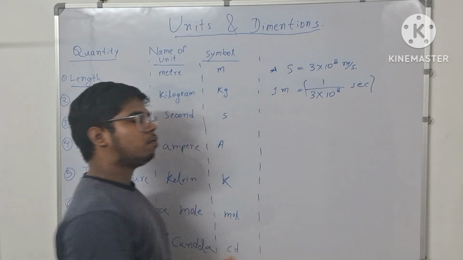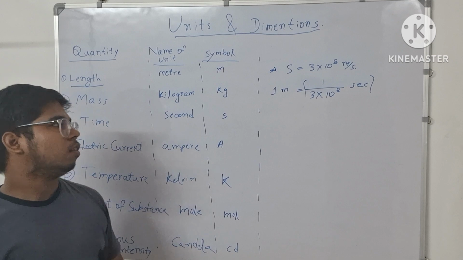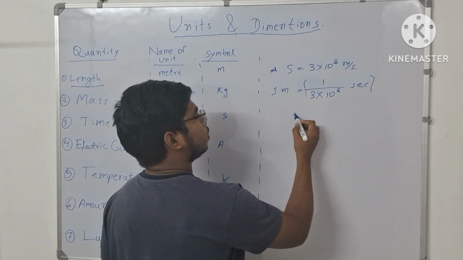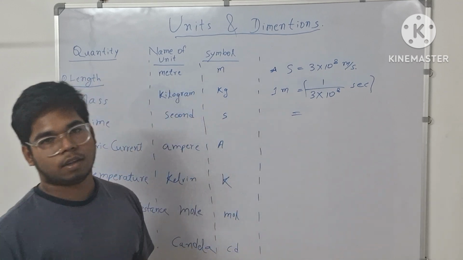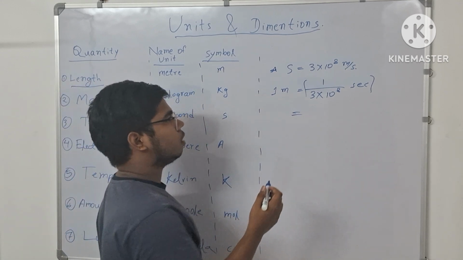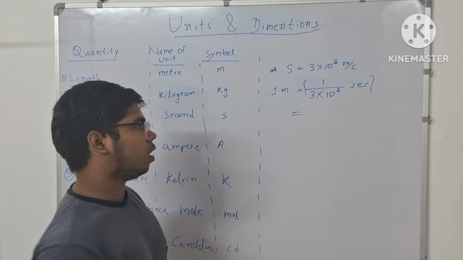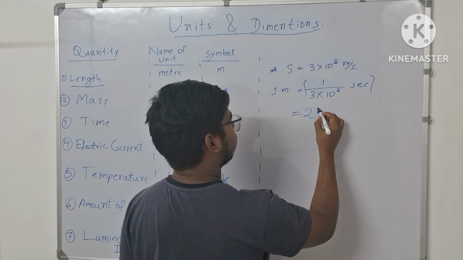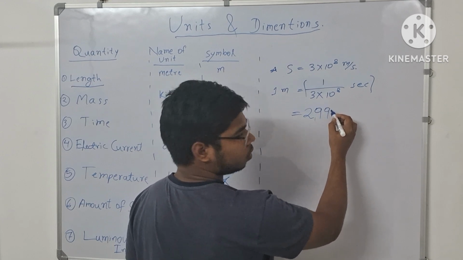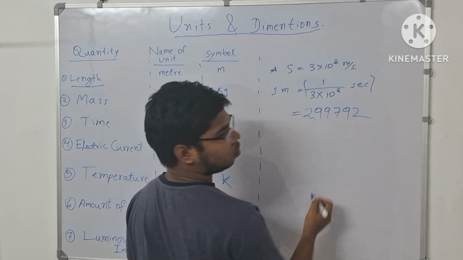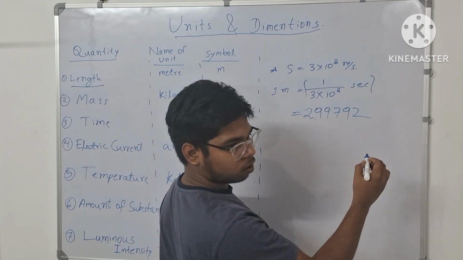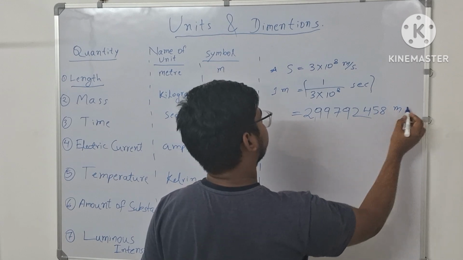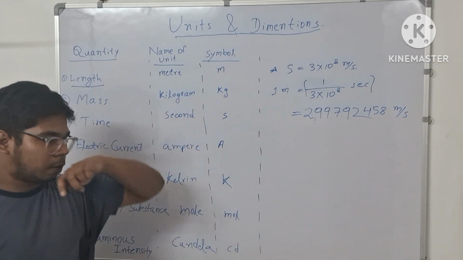But experiments have shown that the exact distance traveled by light is not exactly 3 into 10 power 8. It is 299,792,458 meter per second. This is the exact value.